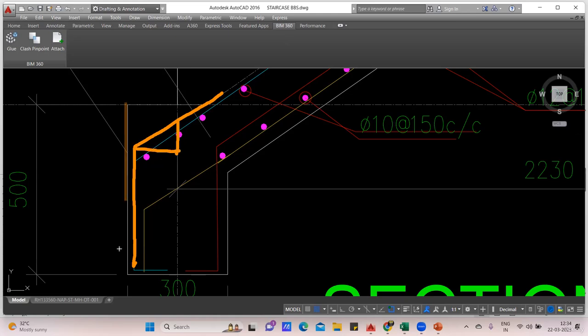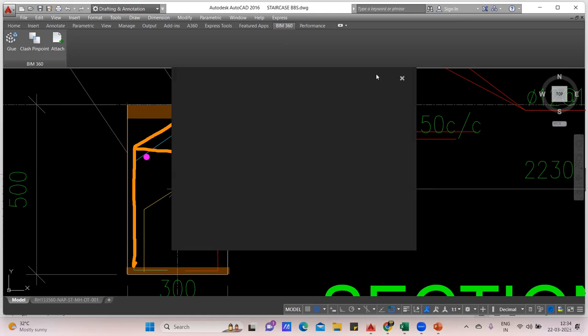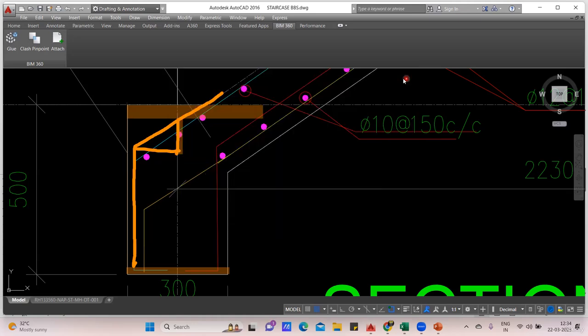We know the depth of the beam, which is 500. From there I deducted the bottom cover, and the top cover also. This 85.39 I already know. So 500 minus bottom cover minus top cover minus 85.39 will give me this particular height. Got it? No? Then try to practice it.